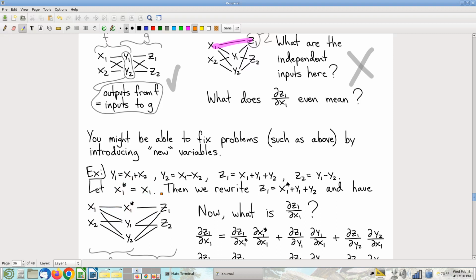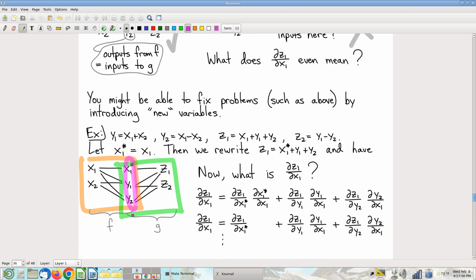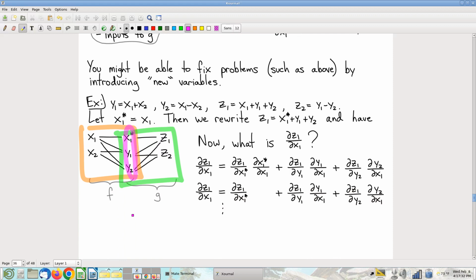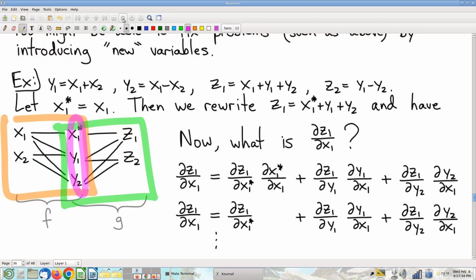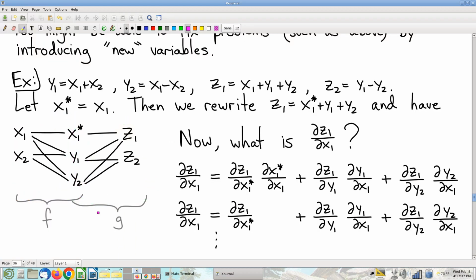But now, check it out. Got a perfectly good function right there. Got a perfectly good function right here. Notice that the outputs from the first one are exactly the same list as the inputs to the second one. And we're in business. This is perfectly fine, not a problem. Then all I have to do is rewrite everything accordingly.